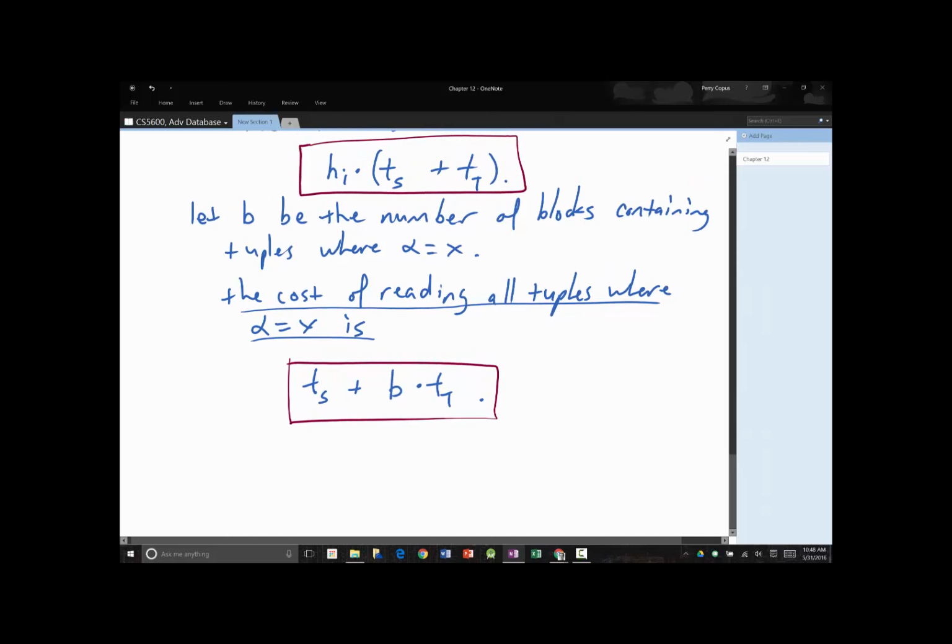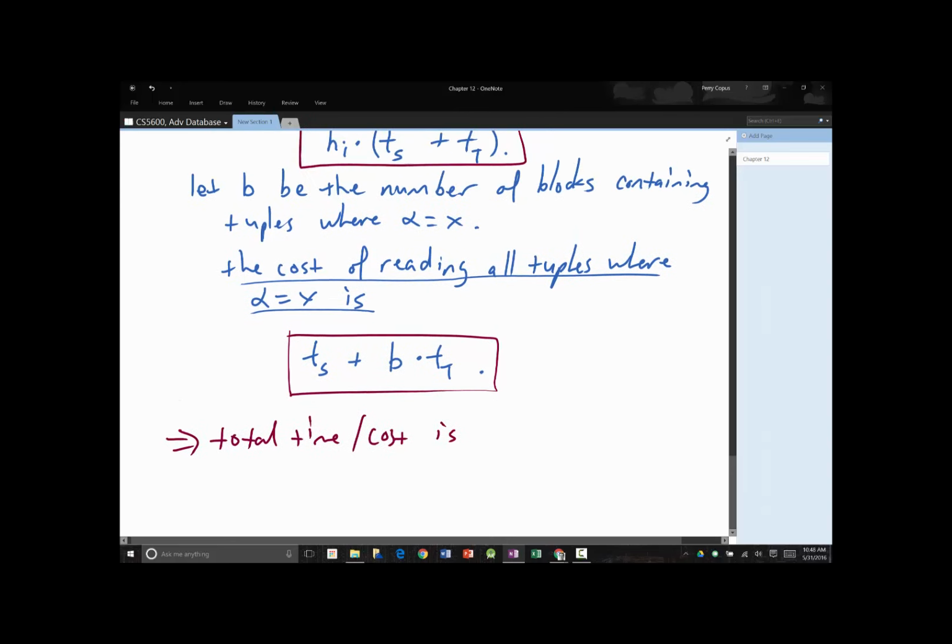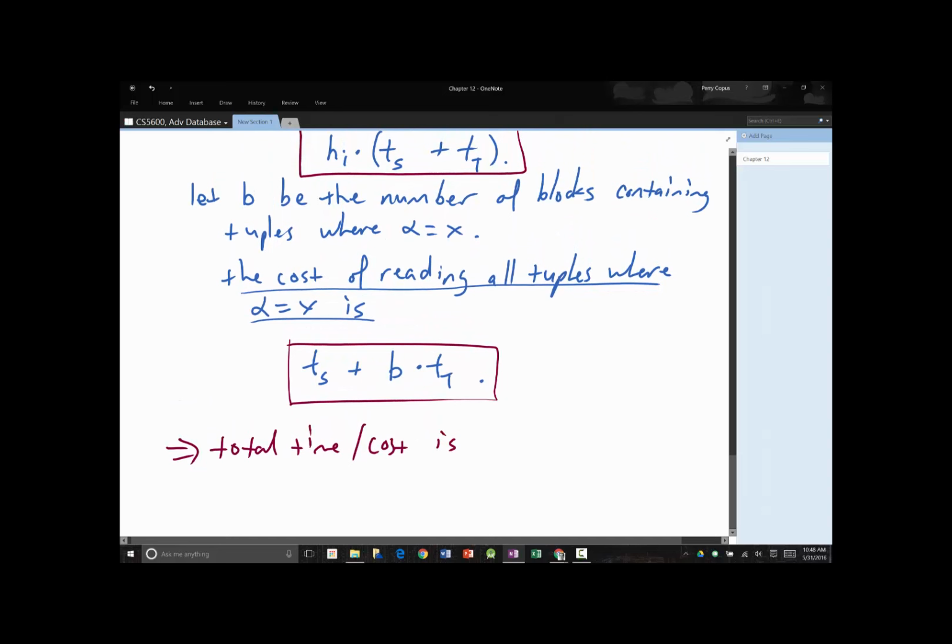So the total, right? The total time or cost is, let's get the top part, h sub I times t sub s plus t sub t, okay? That's the part to read the index, plus t sub s plus B times t sub t.